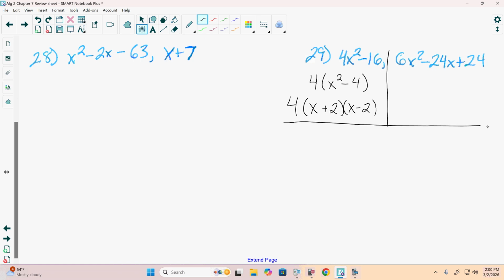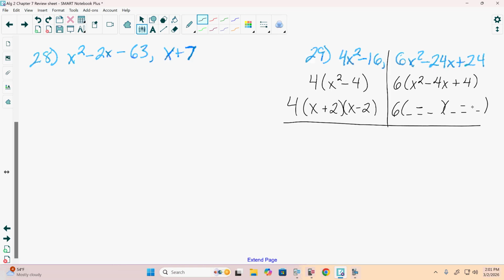6x squared minus 24x plus 24. There's a greatest common factor of 6. And if we factor 6 out of all 3 terms, we get x squared minus 4x plus 4. Since the third term is positive, our signs are the same and match the sign of the middle term.